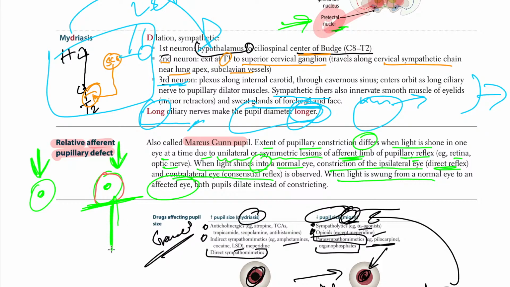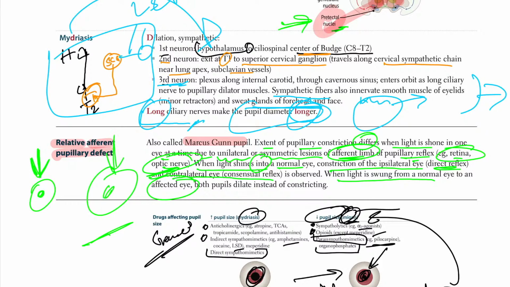So something is wrong with the afferent, which they have mentioned. For example, a problem could be in the retina, or a problem could be in the optic nerve. But when we shine the light in the affected eye, let alone that this would constrict, it will not constrict because it's not getting the signals, because there is a problem in the conduction.